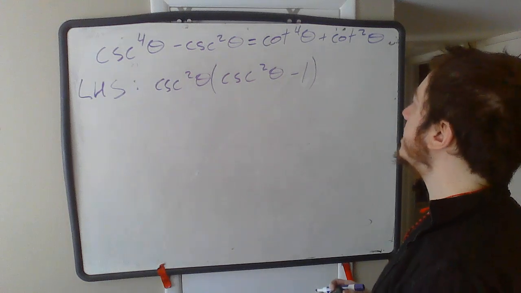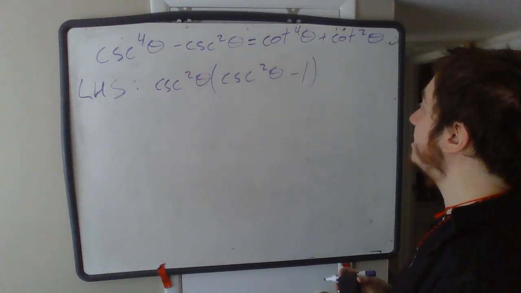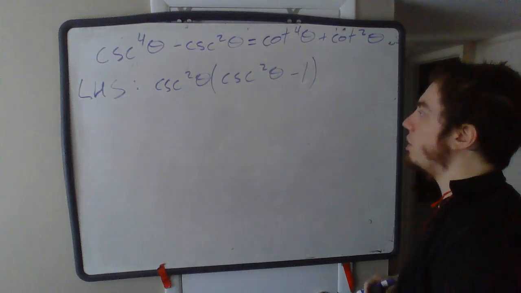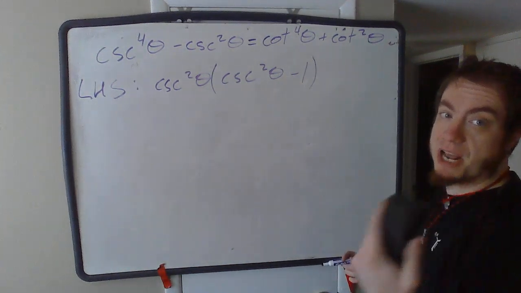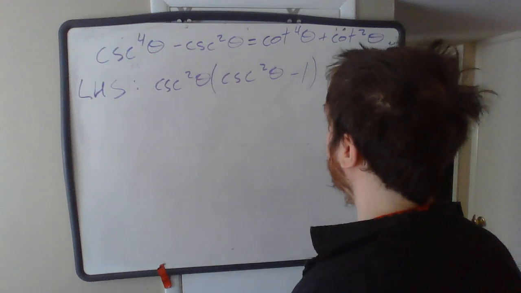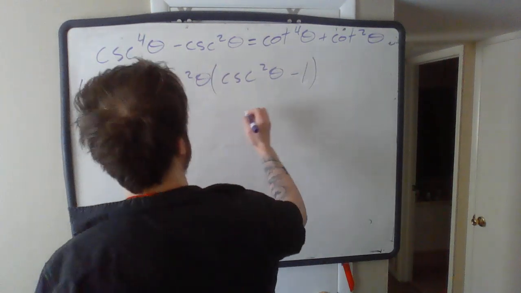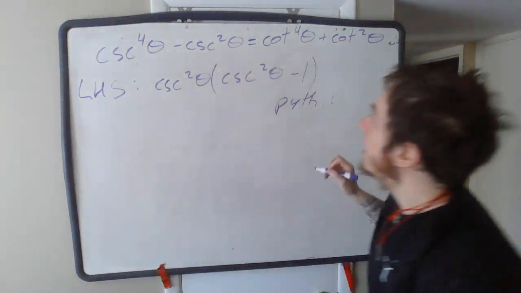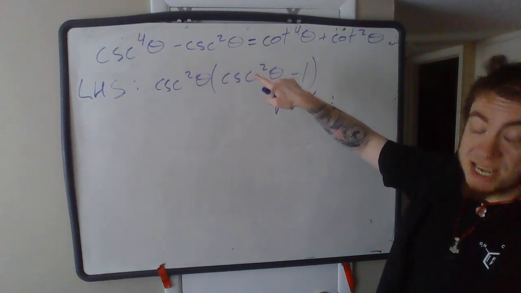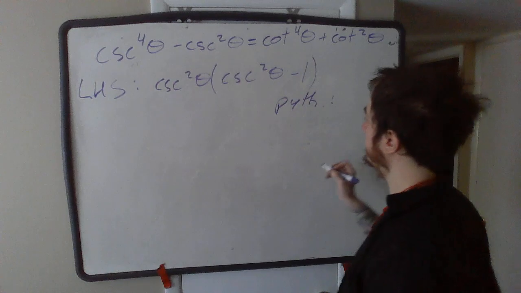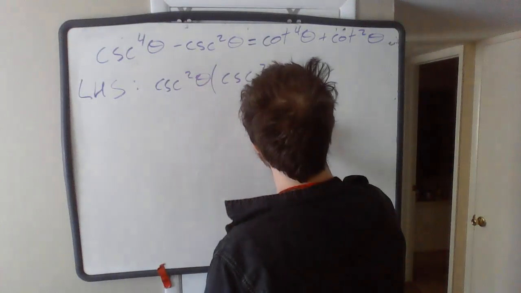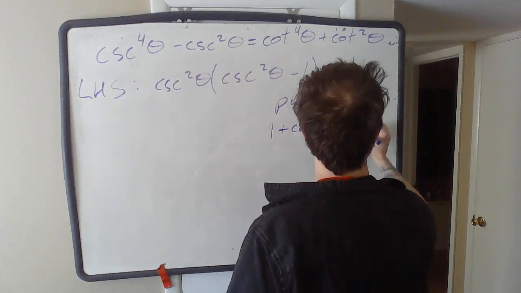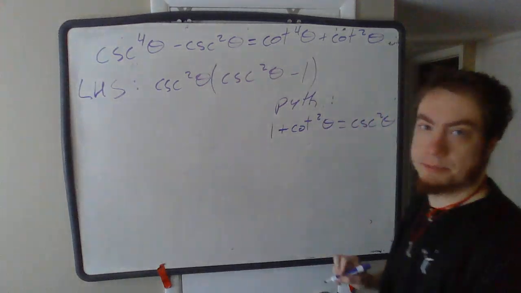Okay, well now I need to use an identity here. In fact, I need to use a couple of identities. So, well, really one identity, but I need to use it twice. And so what I want to remember is that the Pythagorean identity applied to cosecants and cotangents says that 1 plus cotangent squared theta is equal to cosecant squared theta.